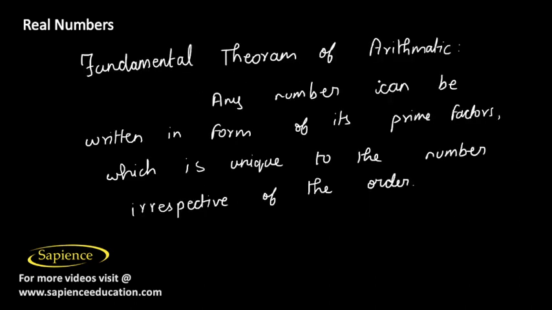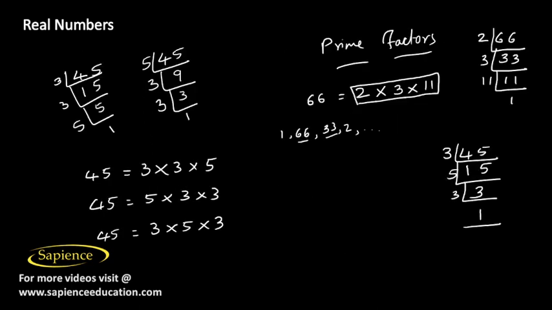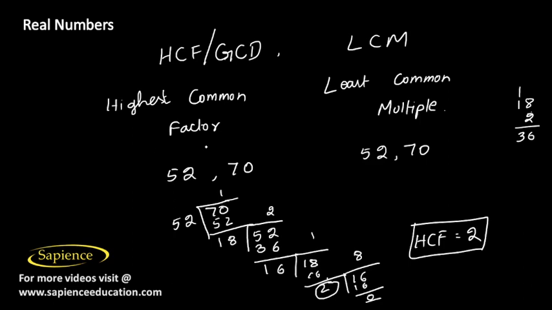Then we saw the fundamental theorem of arithmetic, that is, any number can be written in the form of its prime factors, which is unique to the number irrespective of the order. So any number, in this case 45, can be written only as prime factors, and those prime factors will be unique to 45. That is the theory.